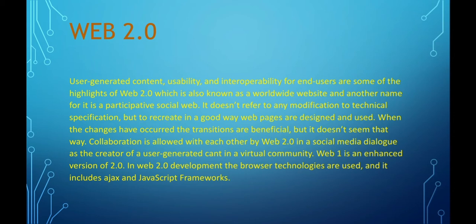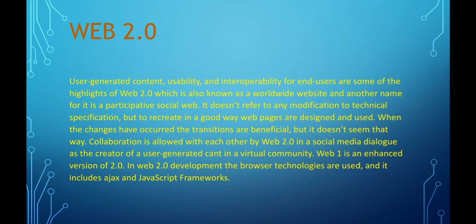The changes that occurred in the transition are beneficial, but it did not seem that way. Collaboration is allowed with each other. Web 2.0 is a social media dialogue where the creator of user-generated content can visualize a community. Web 2.0 is an enhanced version of 1.0.